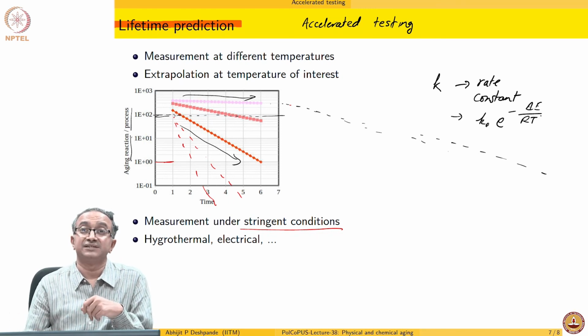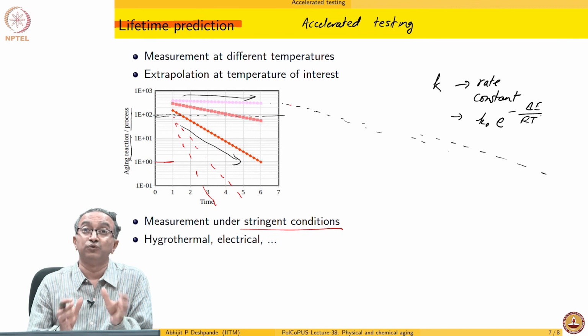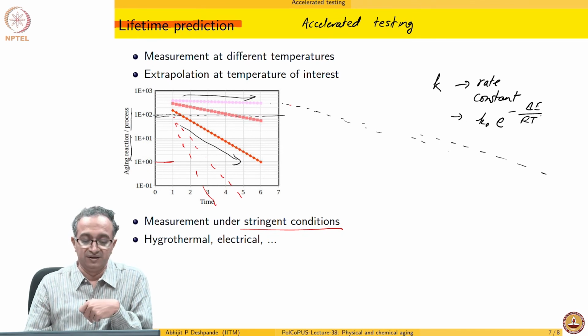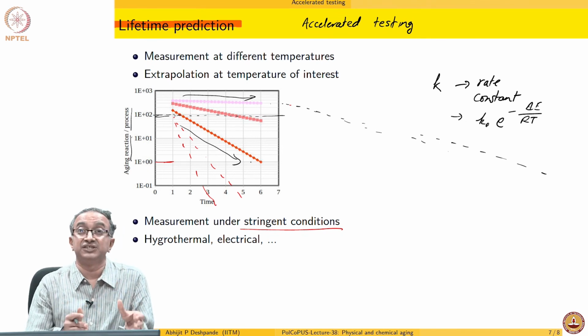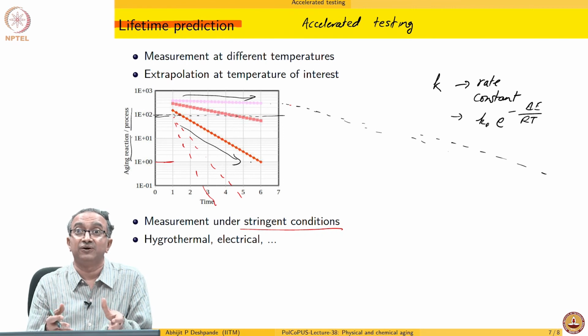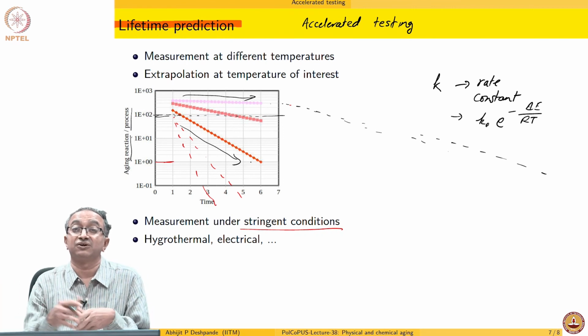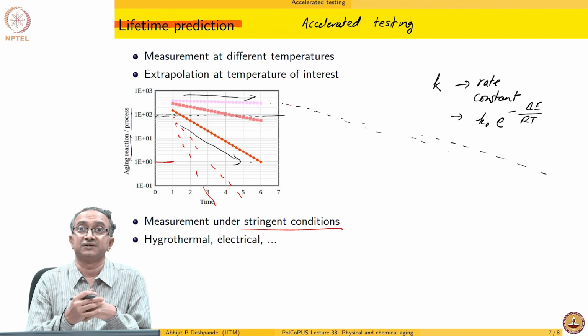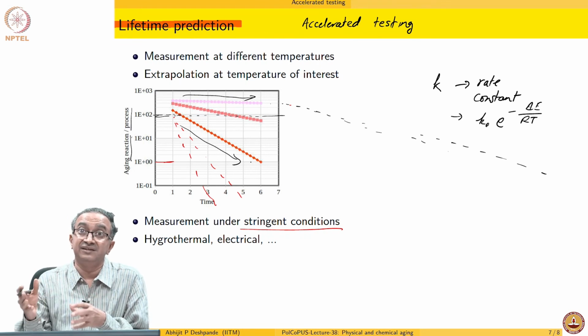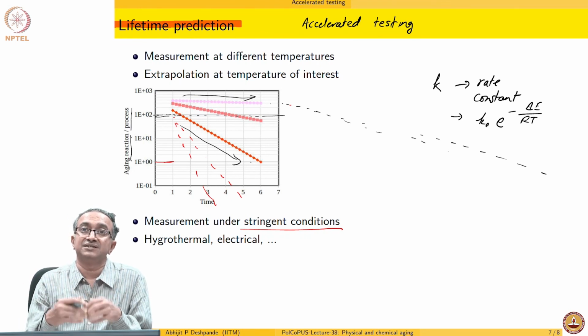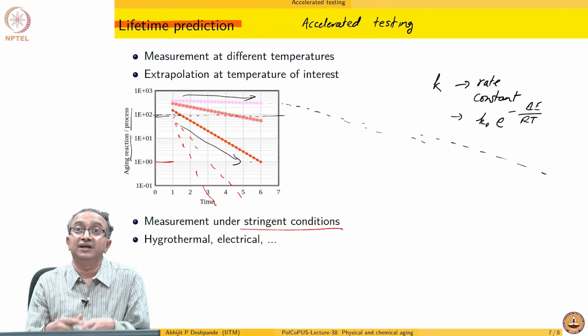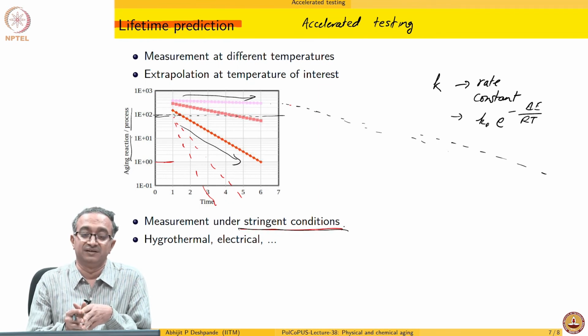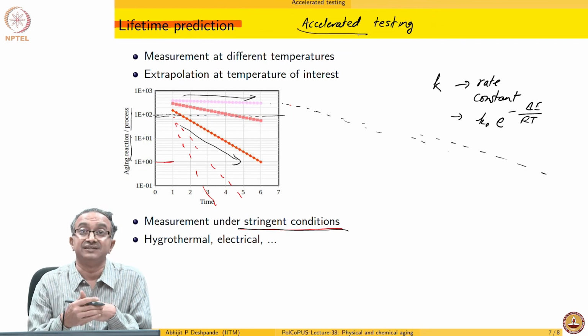So, using this kind of a hypothesis of how rates change as a function of temperature, I can do experiments under stringent conditions and evaluate the rate constants and then extrapolate the rate constant to a much lower temperature. That rate constant can then be used to assess the real life condition and the aging performance under those conditions. And because I have done experiments under stringent conditions, I can shorten the period, and that is why it is called accelerated testing.